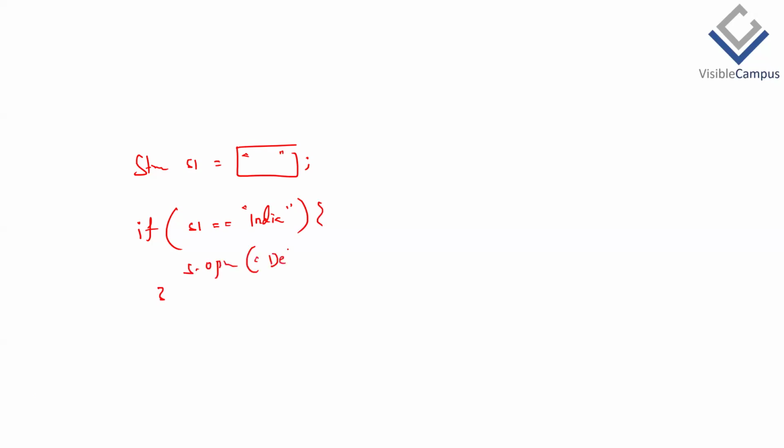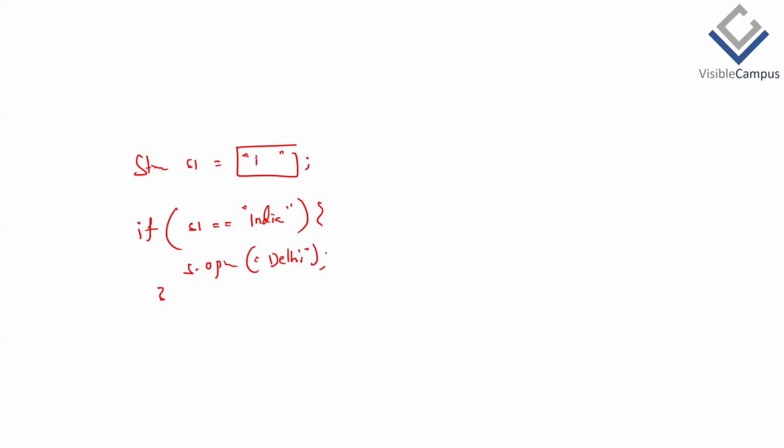There is some string s1 equals some string value, which is a country name. If s1 double equals India, it's a value, and then print New Delhi or Delhi. So this is the code that we are writing.